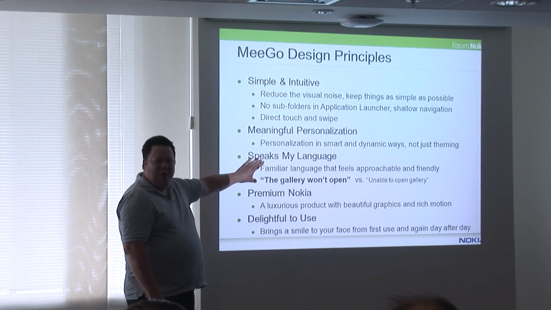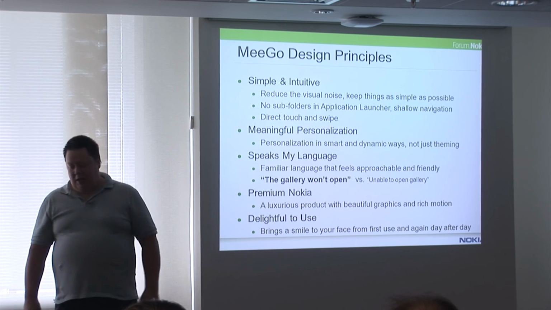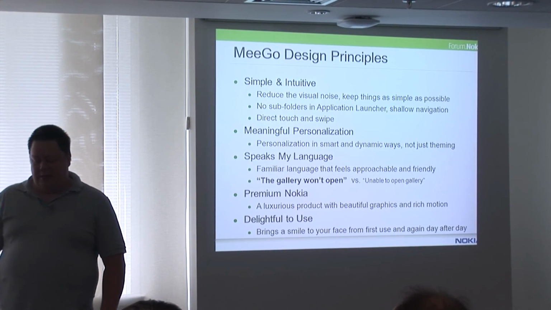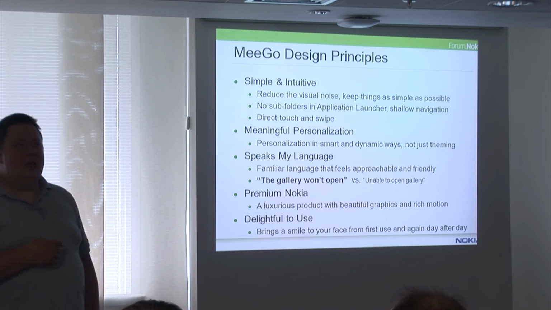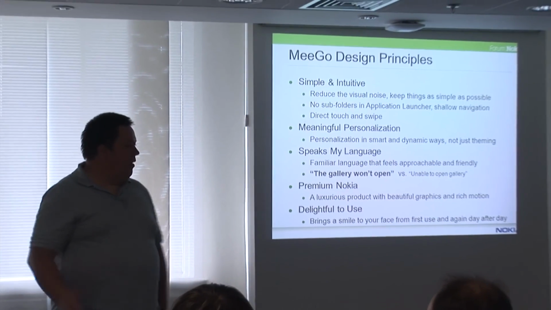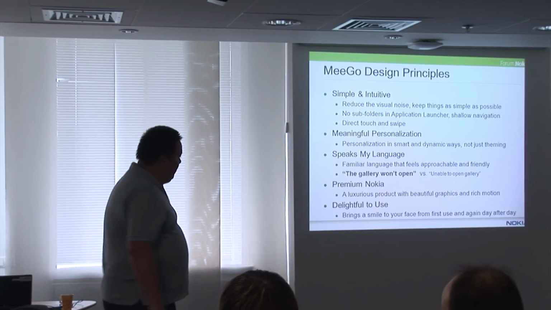Speaks my language. This is a little bit more difficult. The idea here is that applications should have a very polite and intuitive language. And of course, for example, for me, because I'm not a native English speaker, I don't really see the difference between these two sentences.